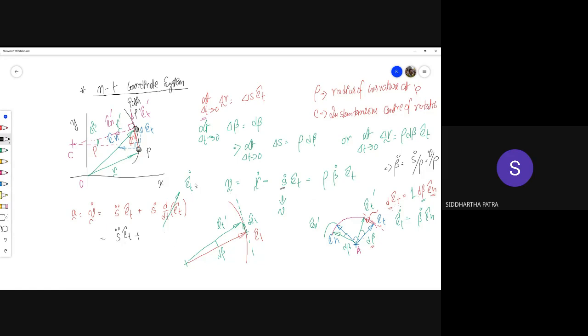So this quantity right here is beta dot en, therefore this quantity is en times v squared divided by rho. So s dot times s dot divided by rho, so v squared divided by rho.